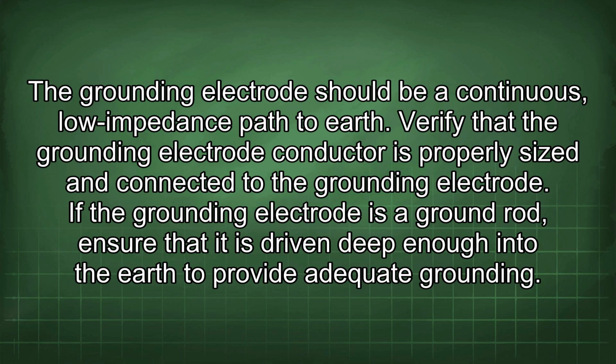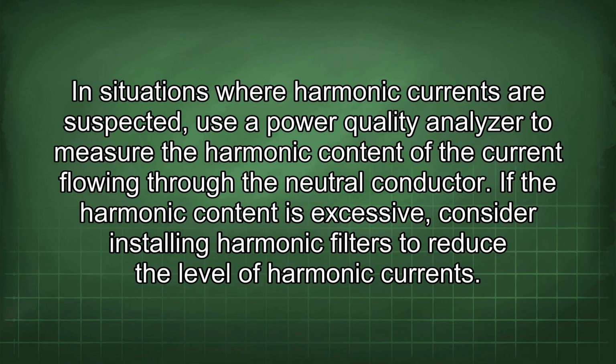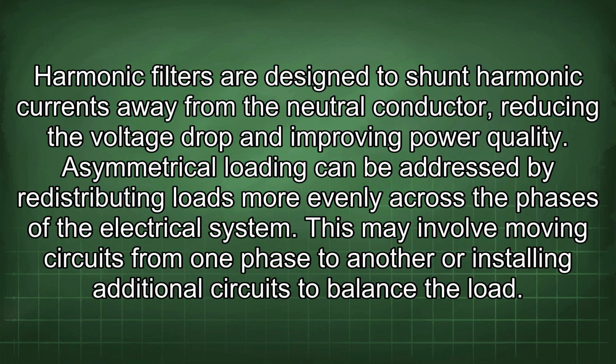adequate grounding. In situations where harmonic currents are suspected, use a power quality analyzer to measure the harmonic content of the current flowing through the neutral conductor. If the harmonic content is excessive, consider installing harmonic filters to reduce the level of harmonic currents. Harmonic filters are designed to shunt harmonic currents away from the neutral conductor, reducing the voltage drop and improving power quality.